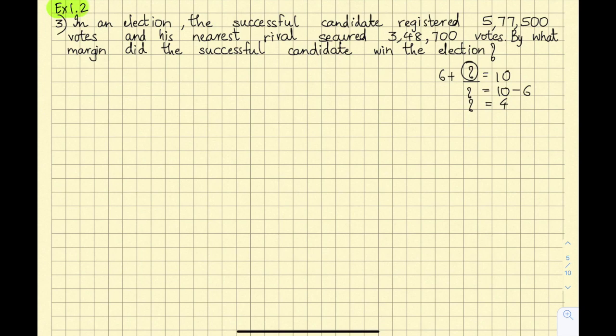Similarly here I am going to write the statement as: by what margin did the successful candidate win the election. So I will write successful candidate's votes, the other one is rival candidate's votes is equal to. We write one digit in one box, 577 and 500.